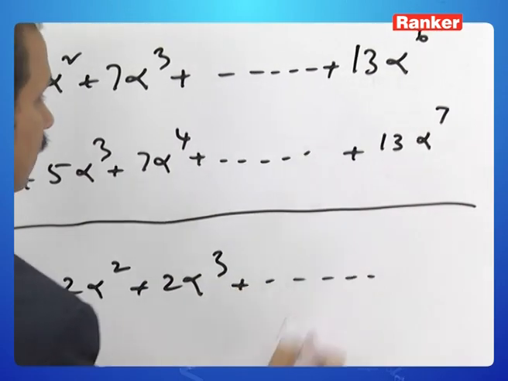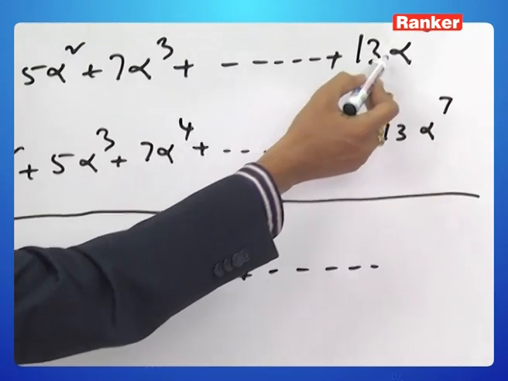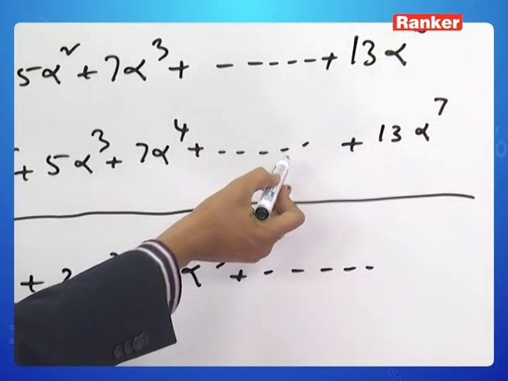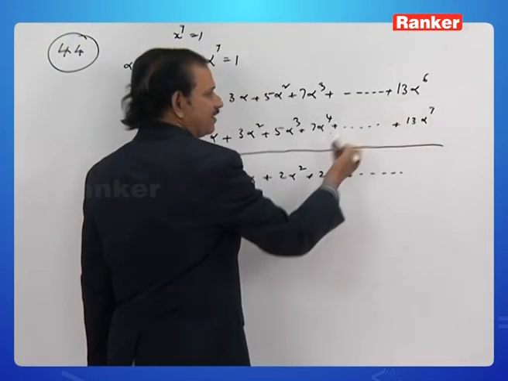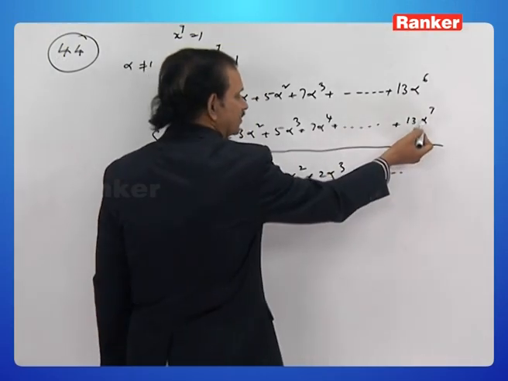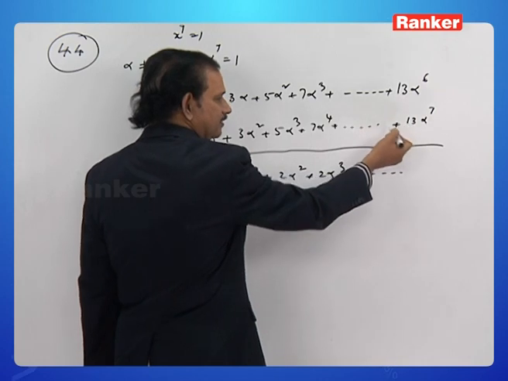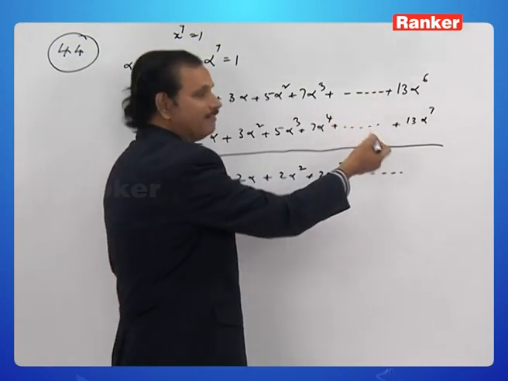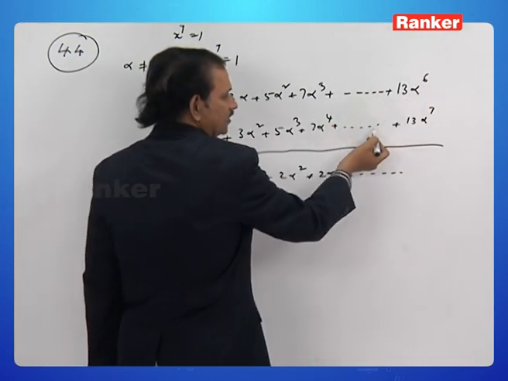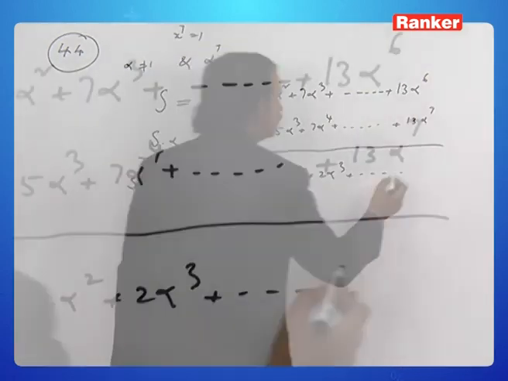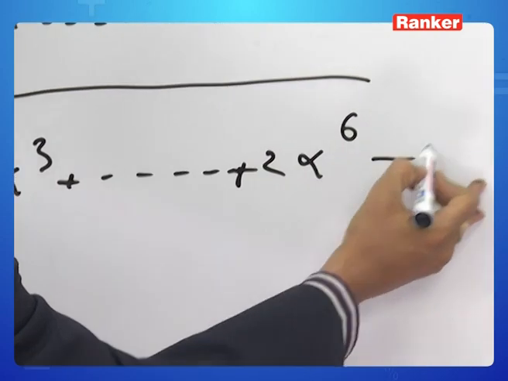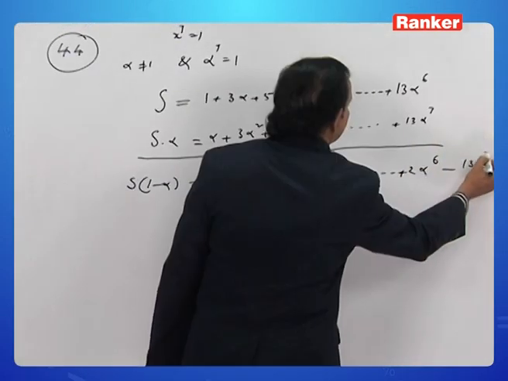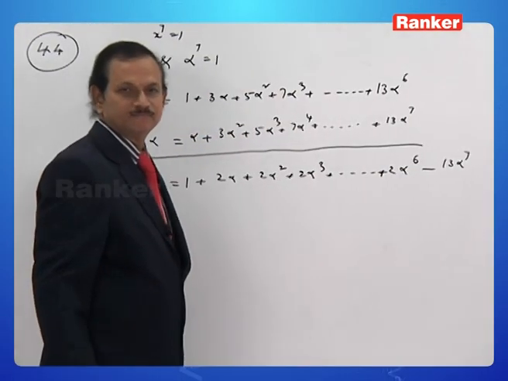And so on. 13 alpha power 6 minus 11 alpha power 6. What is the term which lies just before this? It is 13 alpha power 7. What is the next succeeding term here? 11 alpha power 6. 13 alpha power 6 minus 11 alpha power 6 is 2 alpha power 6 minus 13 alpha power 7, isn't it?